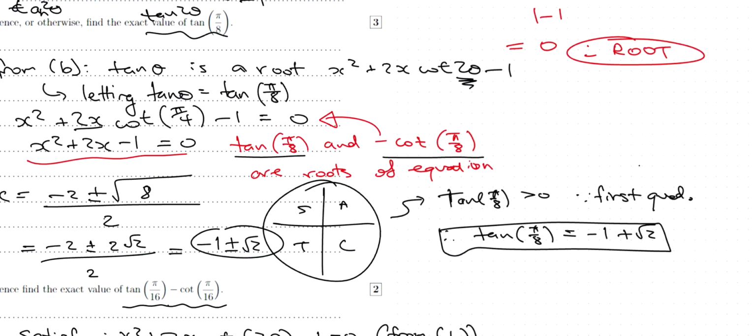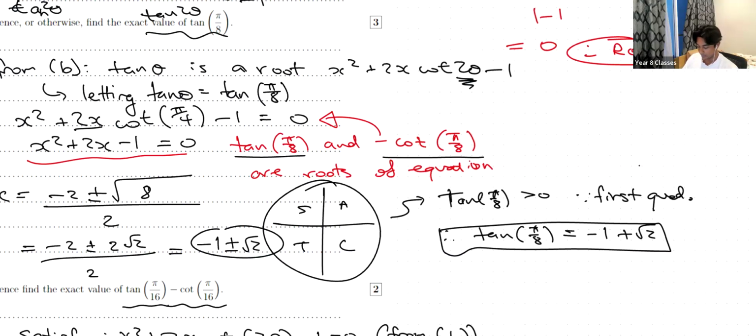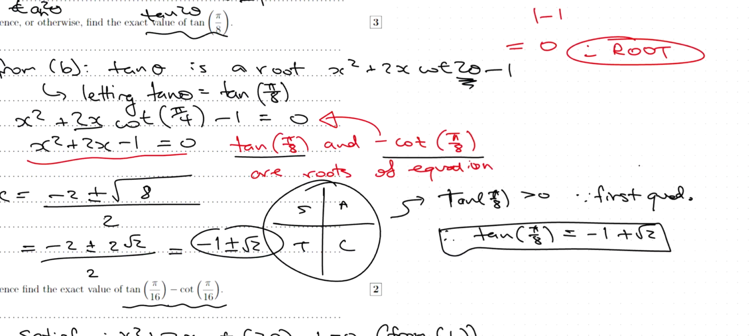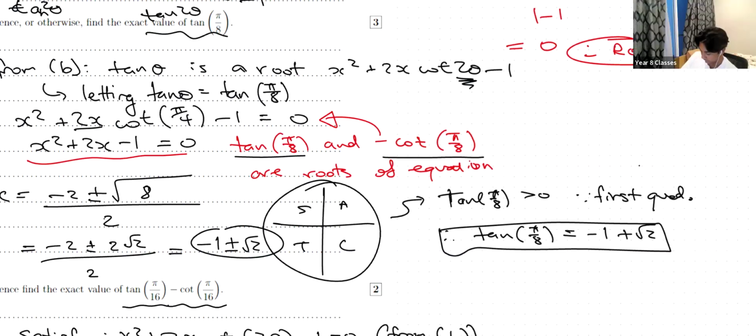So do we have to put pi on 16 in the equation again? Yep, and do that. So if we do that, we'll let theta be pi on 16. So you get x squared plus 2x. What's going to be inside my cot? So 2 pi over 8. Good, that's a good first step.